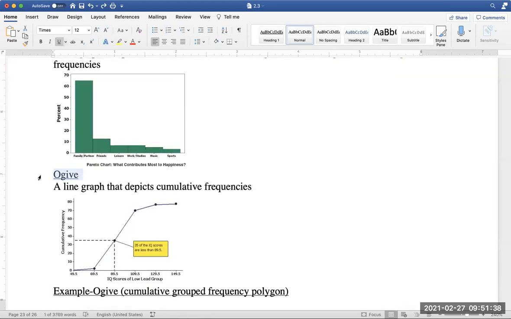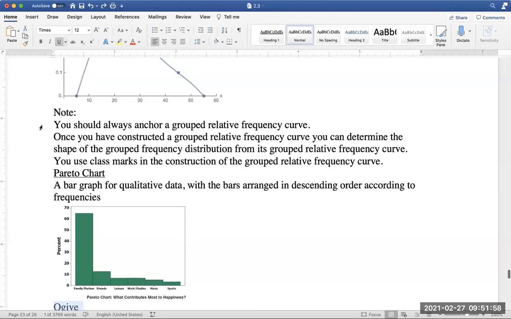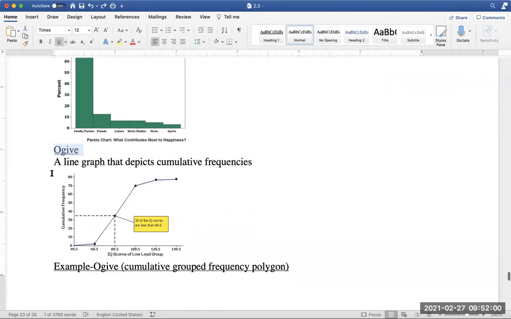An ogive. If you recall, everything has been basically the same. Now, when we talked about the cumulatives, you noticed that the cumulatives were oddballs. We were not able to tell the shape of the original distribution by just looking at the cumulative frequency histogram.